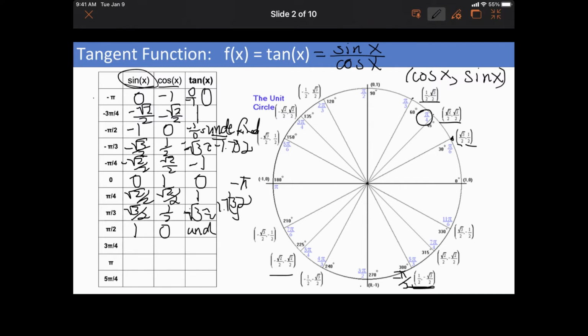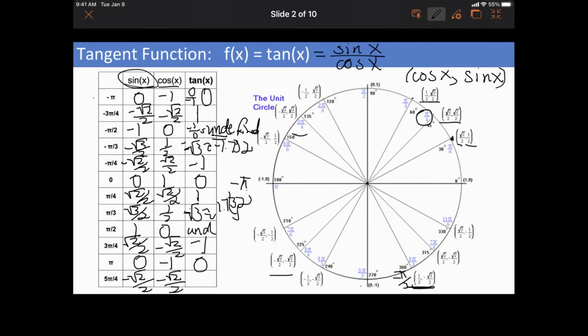Wow, that's different. We haven't had that before in any of our trig functions. 3 pi over 4, it's here. That's root 2 over 2, negative root 2 over 2. So it's going to be negative 1. Pi, so we did one full cycle. 0 over negative 1, which is 0. 5 pi over 4, negative root 2 over 2, negative root 2 over 2.